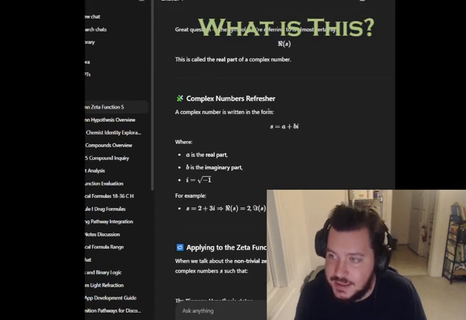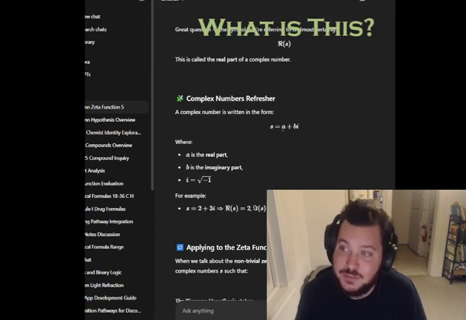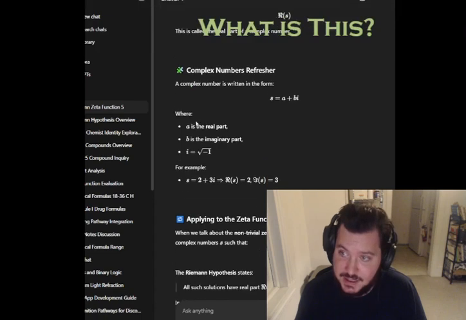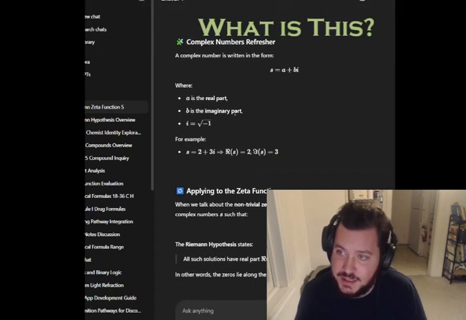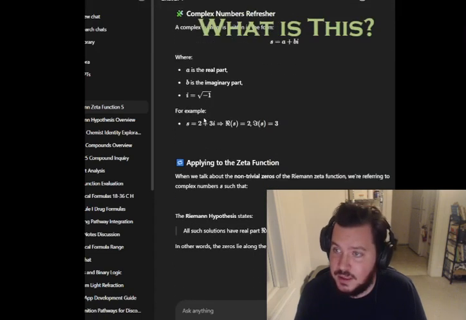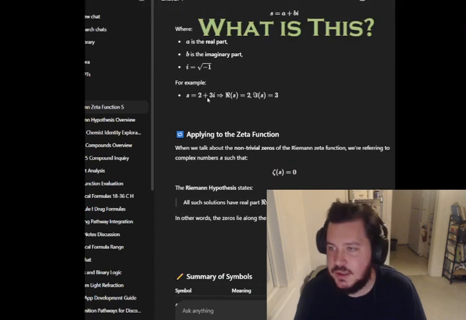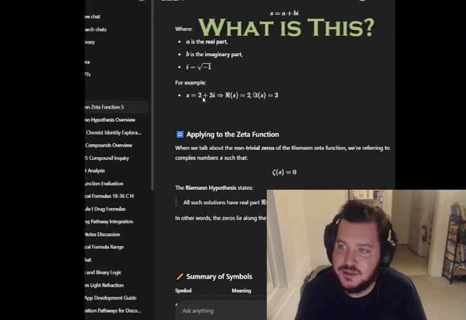Complex number is the written form of S equals A plus Bi. A is the real part, B is the imaginary part, i equals square root of -1. For example, S equals 2 plus 3i.